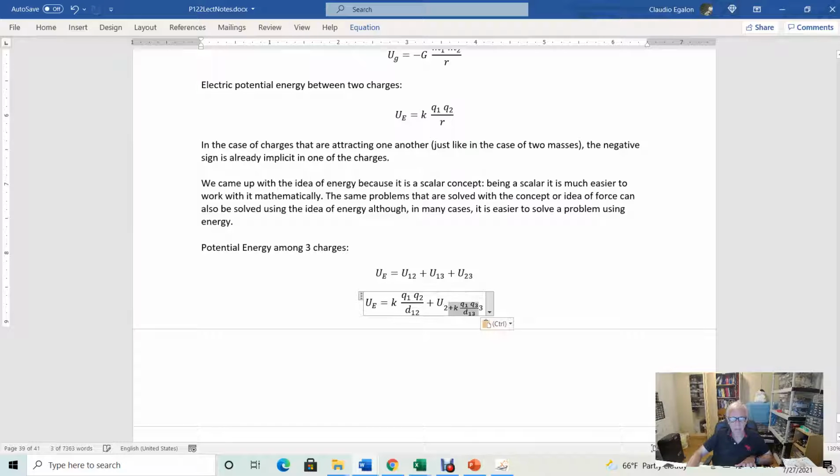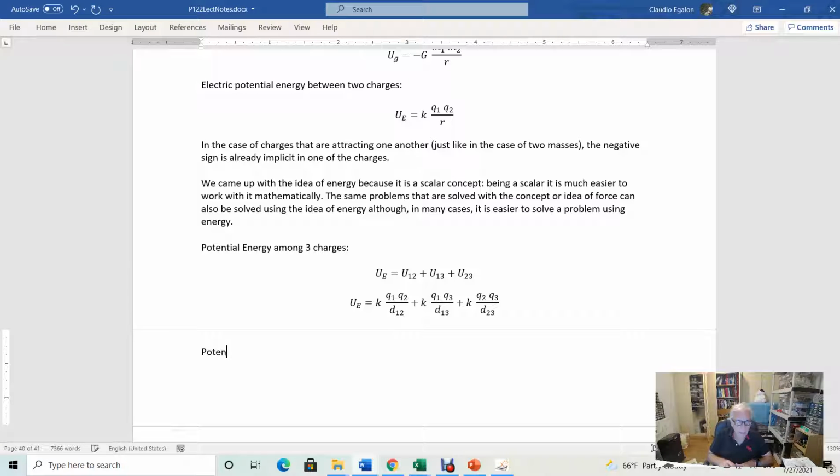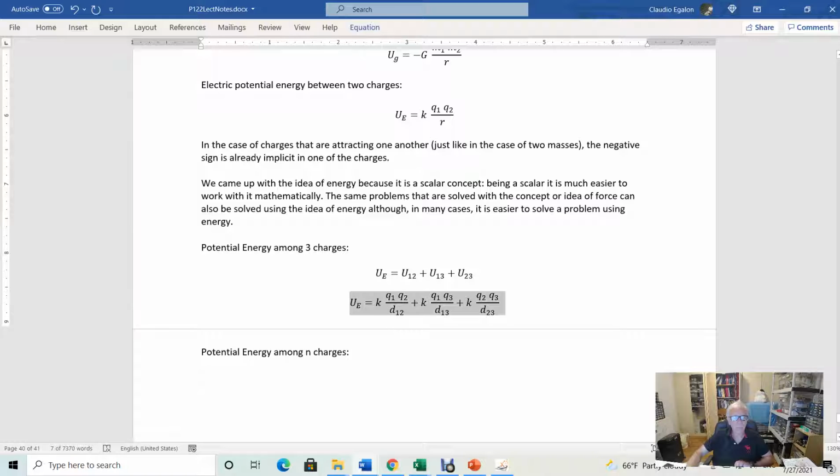And finally we have 2 and 3, replaced by D23. Potential energy among any number of charges, it's going to be like that.